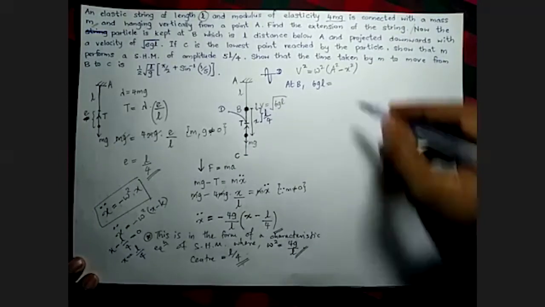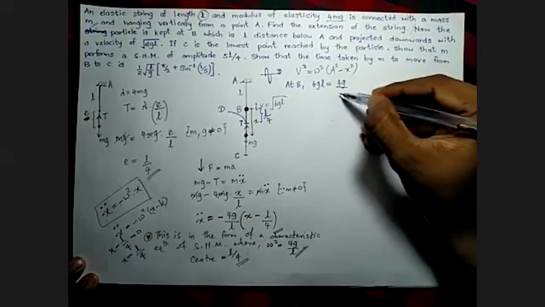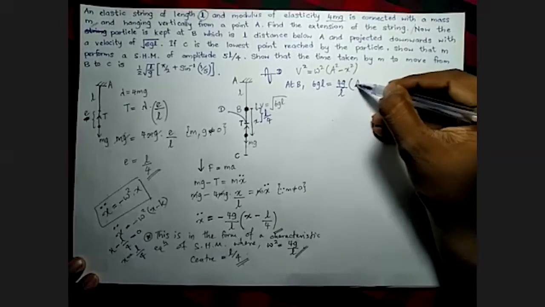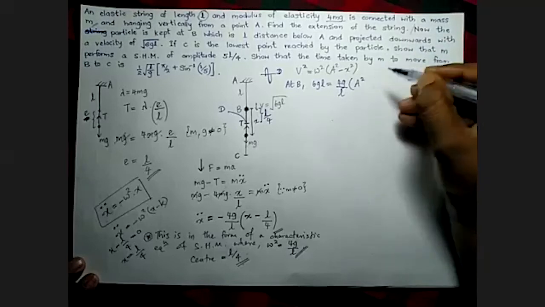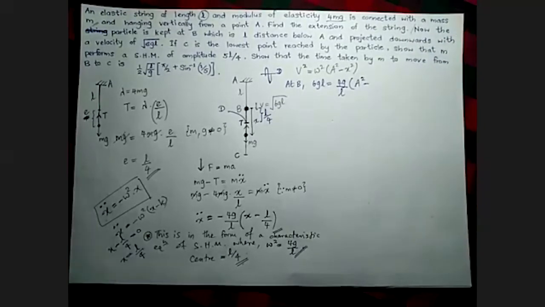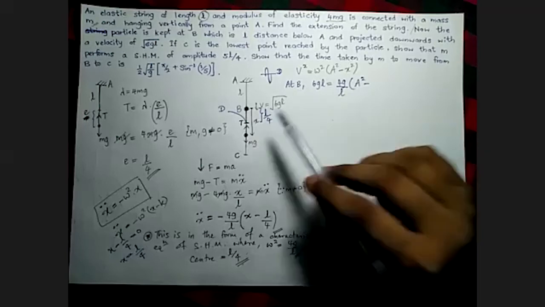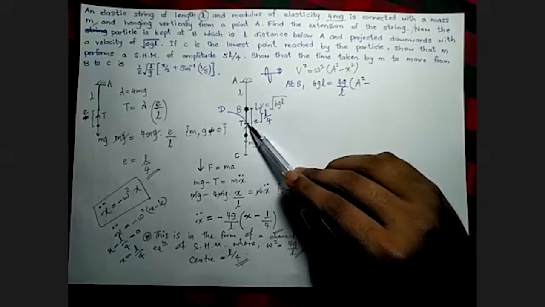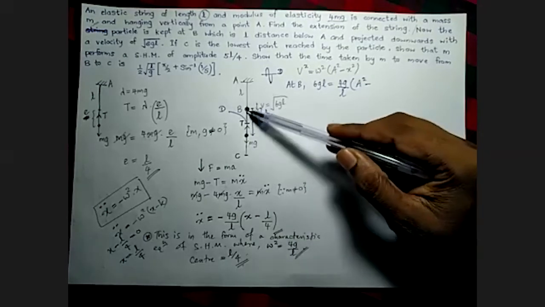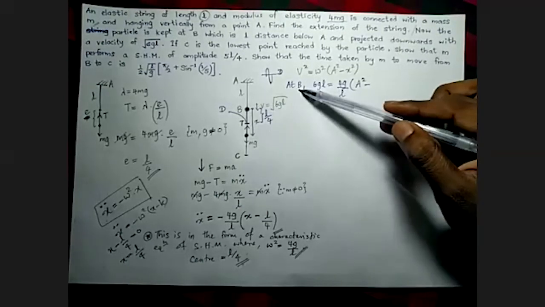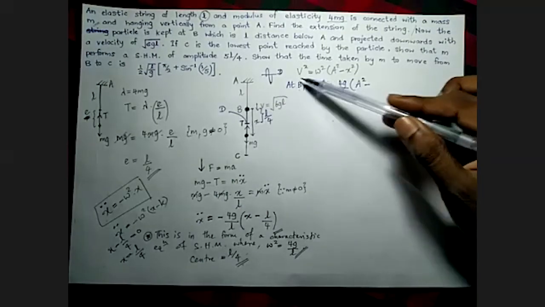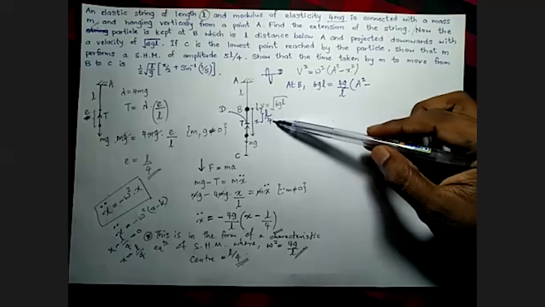Omega square is equivalent to 4g over L into, we don't know the amplitude, unknown, minus x. What is x? X is the distance to this point from the center. Now we have already calculated our center, that is marked as D. From D, what is the distance to B? Because we are applying this equation at B, that is L by 4.